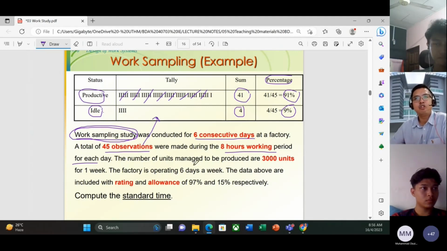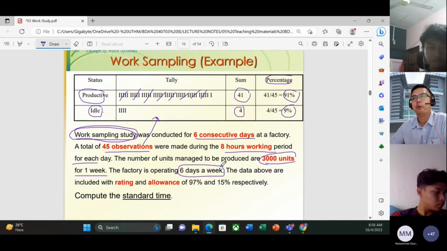And the factory managed to produce about 3,000 units for 1 week. They give you the number of units produced, 3,000 units, and the factory operating 6 days a week. So look at whether it is a 5 day week or 7 day week. Here they give you a 6 day week.